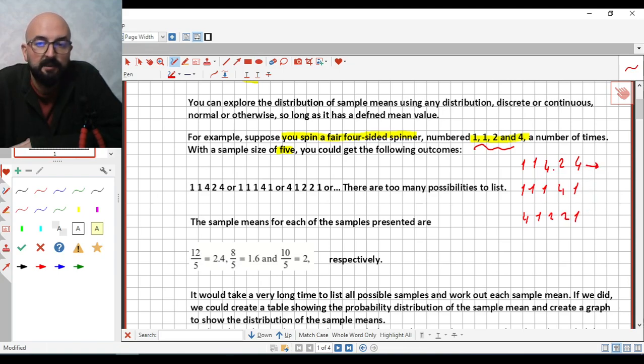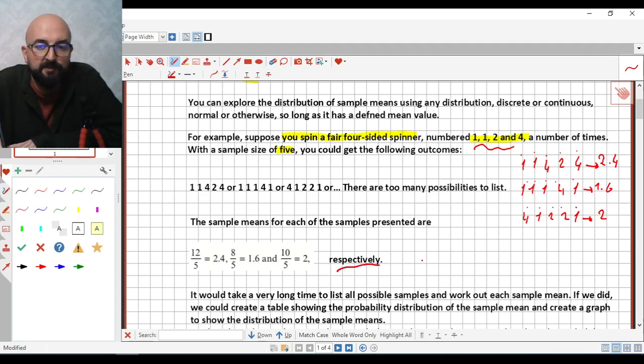The mean of each possible outcome: 1 plus 1 plus 2 plus 4 plus 2, which is 10 over 5, becomes 2. 1 plus 1 plus 1 plus 1 plus 4 is 8 over 5, so our mean is 1.6. And 4 plus 1 plus 2 plus 2 plus 1 is 10 over 5, which becomes 2.